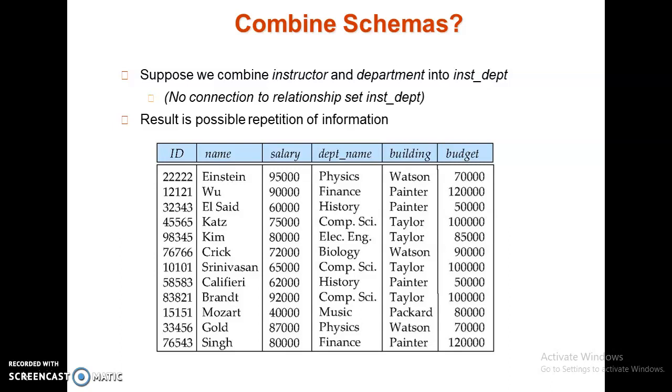When it comes to the third point, update anomalies: as we already know the association that exists between the rating and salary values of the employees, at any point of time a user can change or update the correlation between rating and salary, leaving the database in an inconsistent state.